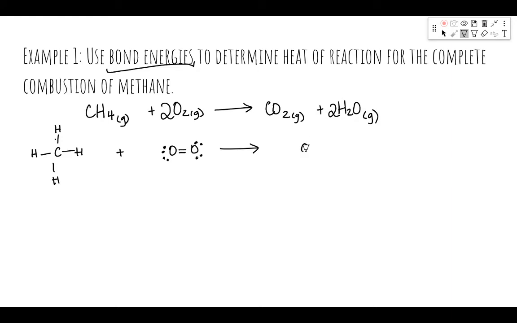Carbon dioxide, there's carbon in the center, 2 oxygens on either side. Each oxygen has 2 lone pairs, plus water. Looks like this, right? So I just drew one of each molecule.